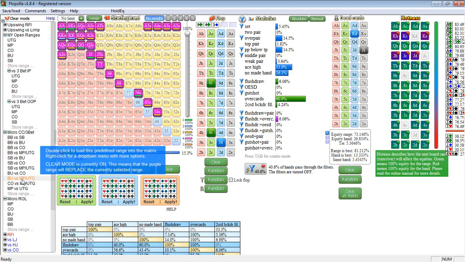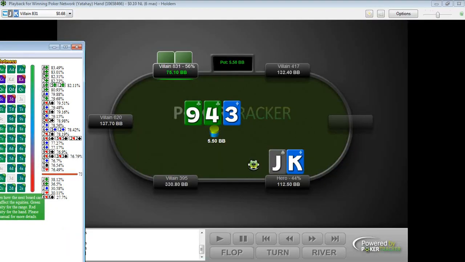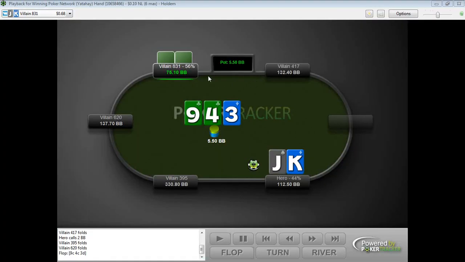Not really great for our range either, actually, but at least we got the pair of nines, so it's just kind of a brick board. But in his eyes, it may be better for me than it would be for him. Best thing for him is the fact that maybe he could have a draw.